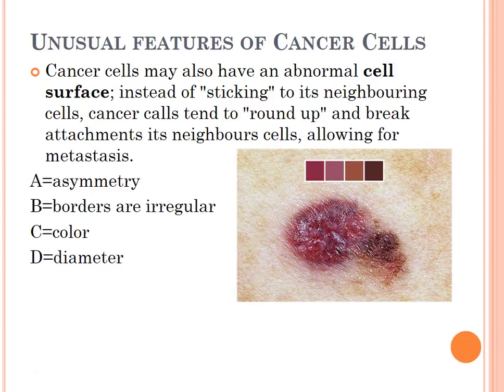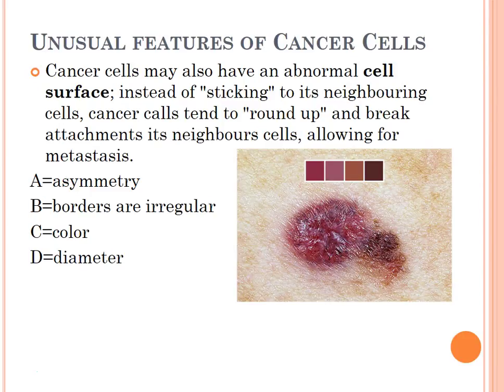So there's kind of like an ABCD test if it's a tumor that is, say, on the skin that we can see quite easily. What we're looking for is asymmetry, where it's different sizes on one side versus the other. If the borders are irregular, so it's not a defined shape.